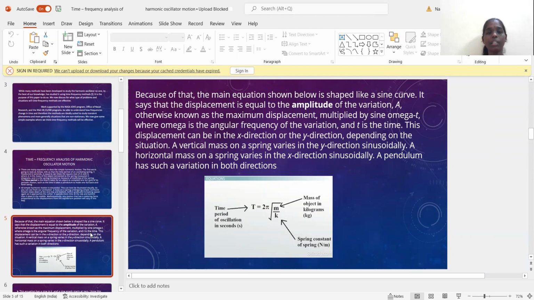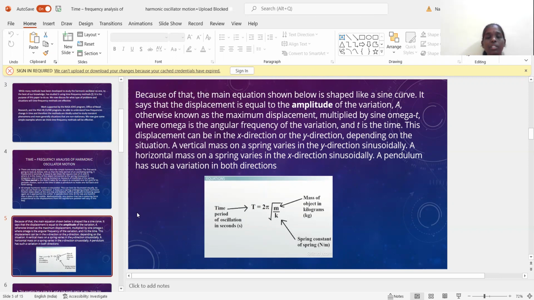This displacement can be in the x direction or the y direction, depending on the situation. A vertical mass on a spring varies in the y direction sinusoidally, a horizontal mass on a spring varies in the x direction sinusoidally, and a pendulum has such variation in both directions.